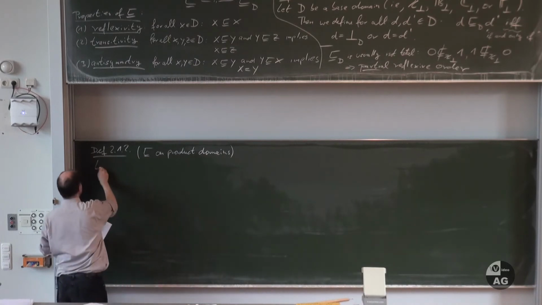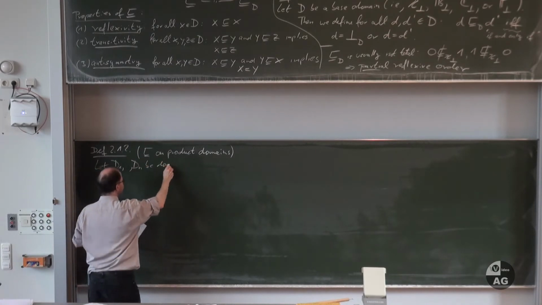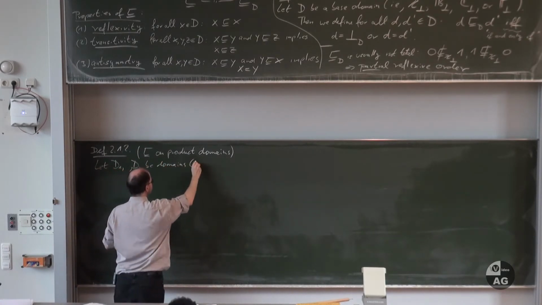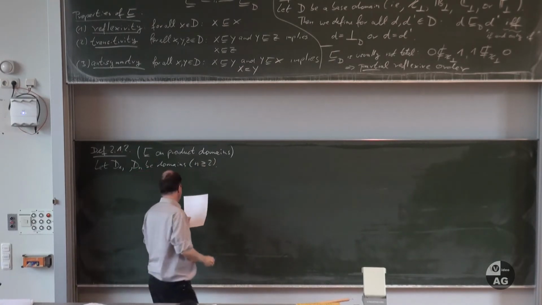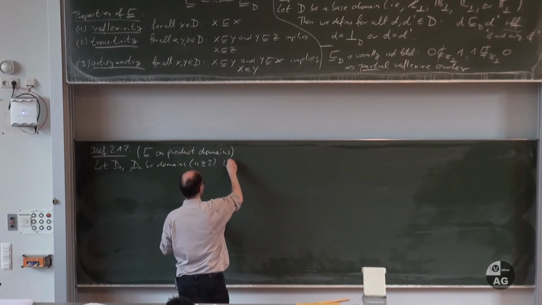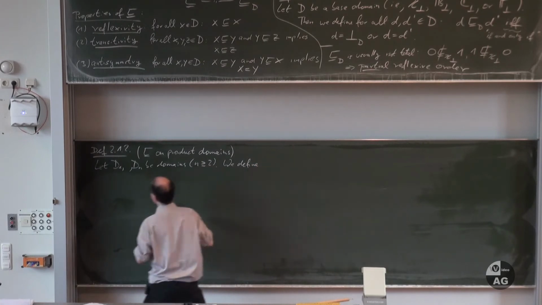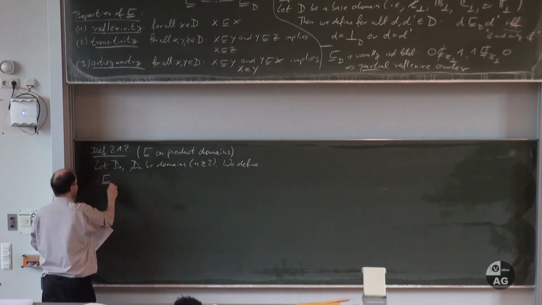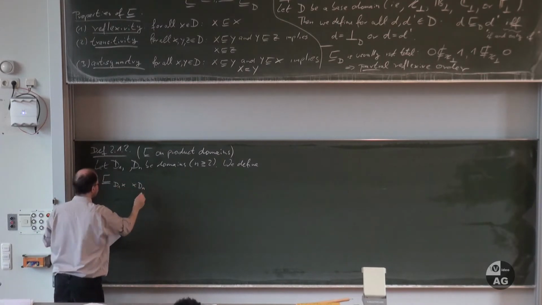So suppose that we already have some domains D1 to Dn, and n is at least 2, so n is greater or equal to 2. Then we define the relation less defined or equal on the Cartesian product D1 cross Dn.